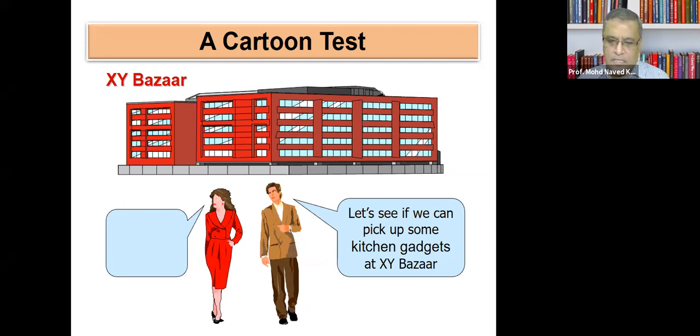And we have another cartoon character, which is incidentally a female, and we expect some kind of response from the subject in this situation. Based upon the response, we can make out what kind of attitude and opinion this individual has regarding this particular outlet or bazaar.